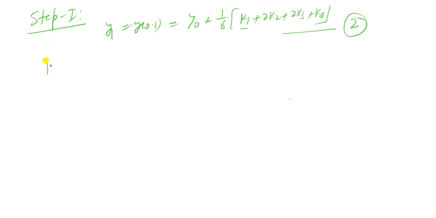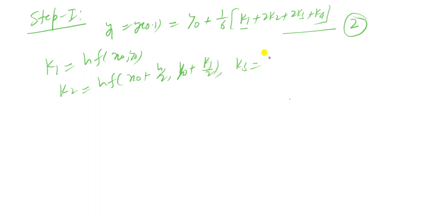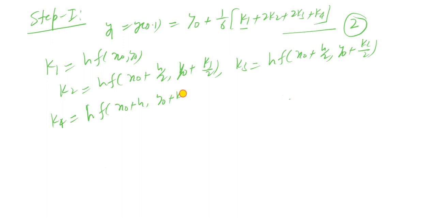In step 1, k1 is h f(x0, y0), k2 is h f(x0 + h/2, y0 + k1/2), k3 is h f(x0 + h/2, y0 + k2/2), and k4 is h f(x0 + h, y0 + k3). Substitute the values of k1, k2, k3, k4 in equation 2, then compute the value of y1, that is y(0.1).